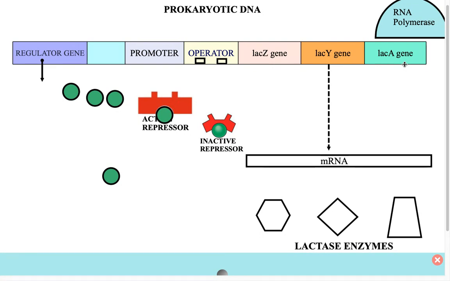And that just moves an acyl group around from acetyl-CoA. So in the end, lac-Z codes for our hexagon, our galactosidase. Lac-Y, our permease, and lac-A is going to be a transacylase. You guys do not need to know the names of these enzymes. You just have to know that they're different lactase enzymes.